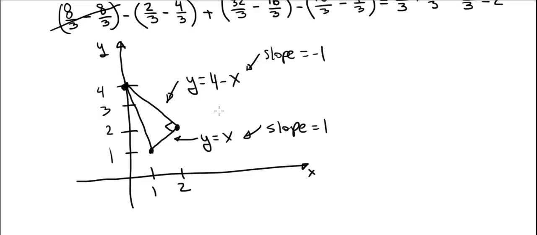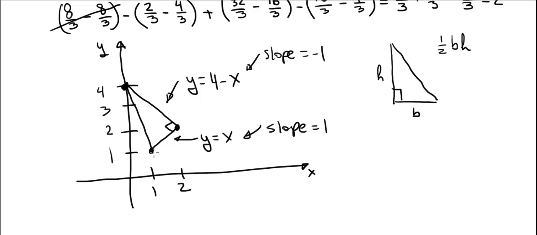Remember, when slopes are negative reciprocals of one another, which these are, the lines are perpendicular, so this is a 90-degree angle, this is a right triangle. We're going to use the basic formula for the area of a right triangle. Here I'll draw one right over here. If I call this B and I call this H, the area is 1/2 base times height.